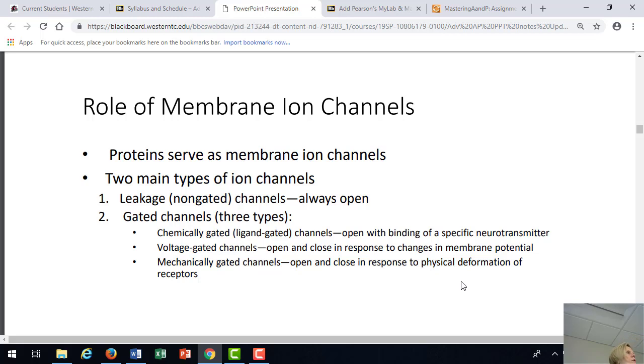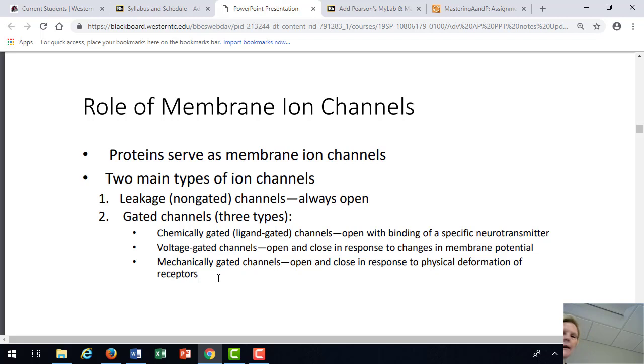So we're just giving those failing organs and homeostatic mechanisms a little boost. And then again, voltage gated channels open and close in response to a change in membrane potential, which means ions are flowing, sodium or potassium, or other ions for that matter.